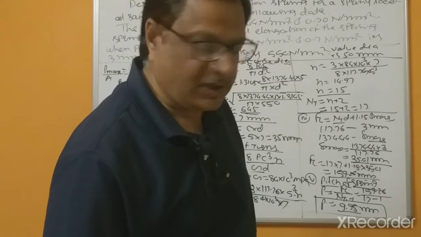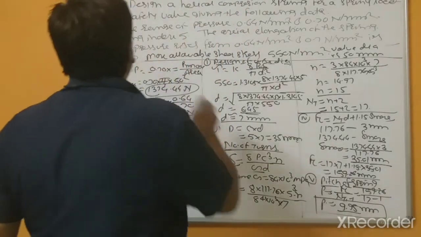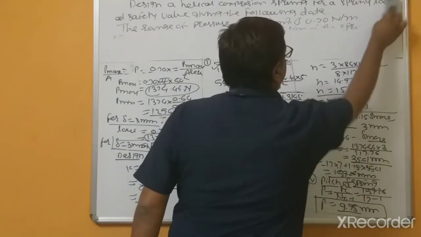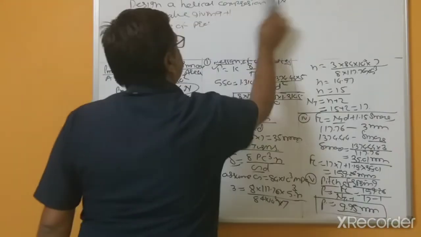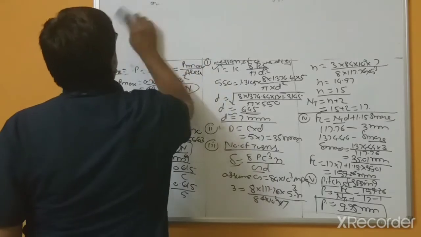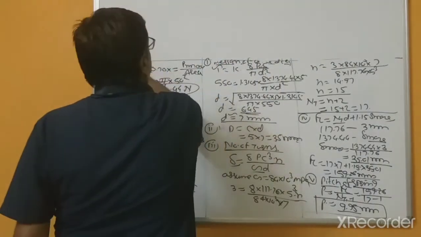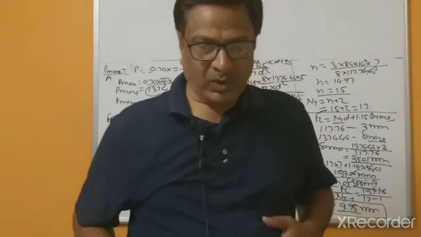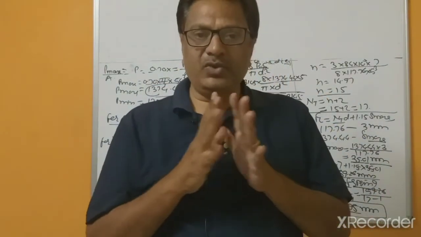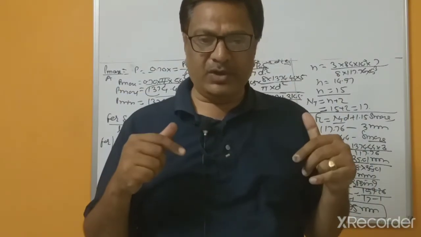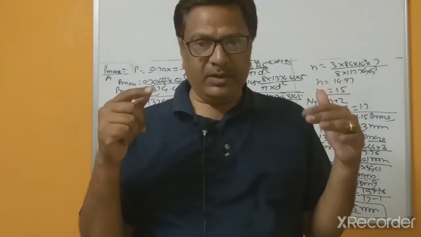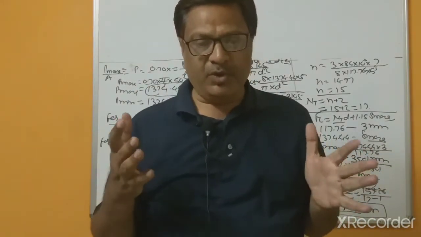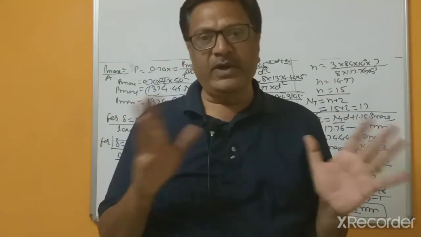Now we will see some problems related to fatigue loadings. So what do we mean by fatigue loadings? This is the fluctuating loads. Due to continuously fluctuating loads, in some parts of the springs or components, there may be uneven stresses.